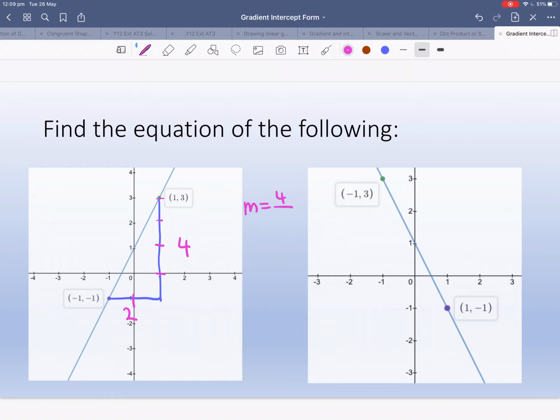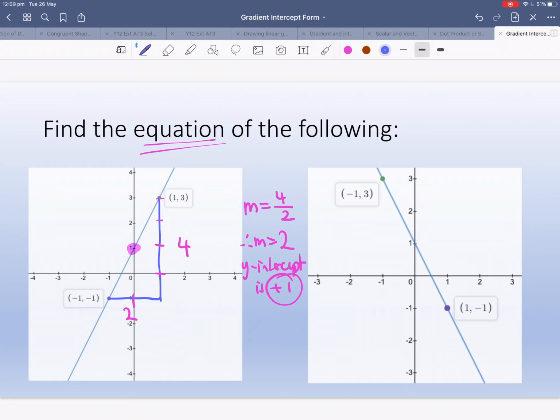It rises 4, runs 2. Therefore, if we simplify it, it equals 2. Now, is it positive or negative? Well, it's like a tick, so it will remain positive. Where's our y-intercept? Here, +1. So I'm going to go y-intercept is +1.